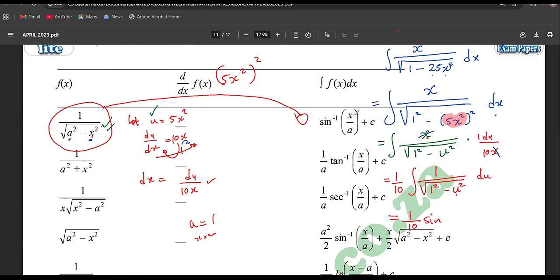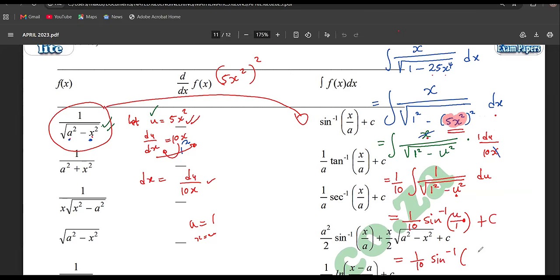So it is arc sine of x over a, where x is our u, over a, which is 1 from a squared. That's how you integrate. So it's arc sine here, plus the constant of integration. But remember, we introduced u as part of answering this question, where u is 5x squared.